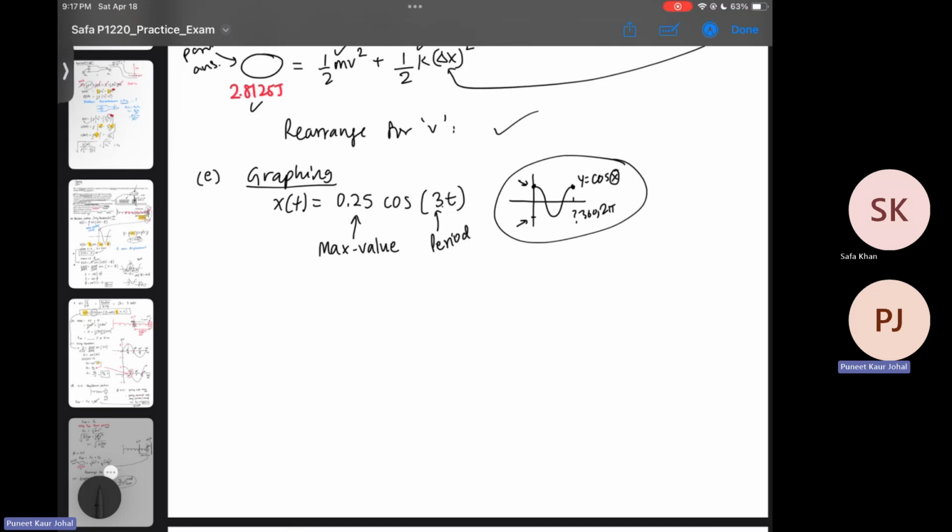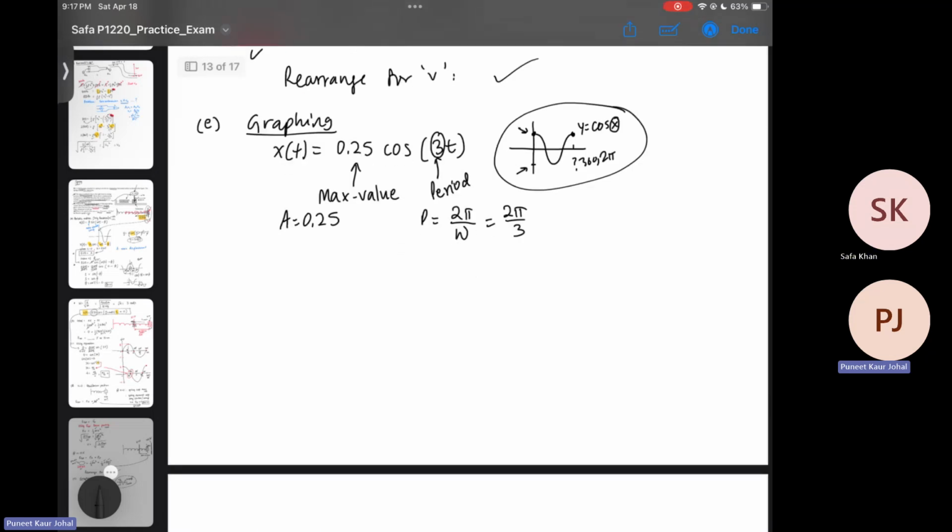The max value, which means the a value, is 0.25, that's fine. How does this affect period? Your period is going to be 2 pi divided by whatever this number is, omega. So it's going to be 2 pi over 3. That's going to be your new period. Okay, so when you construct your graph, just make a cos cycle.